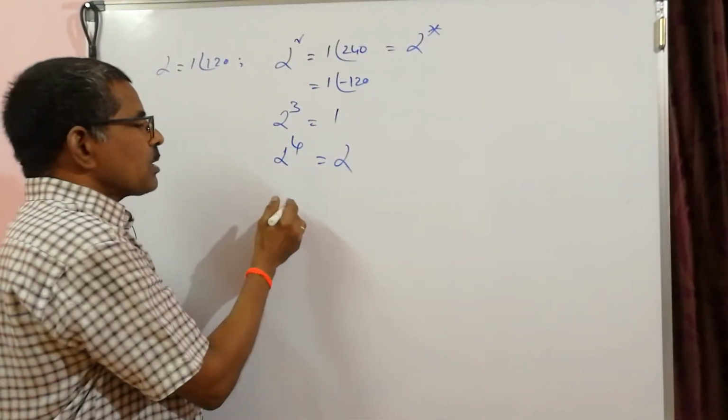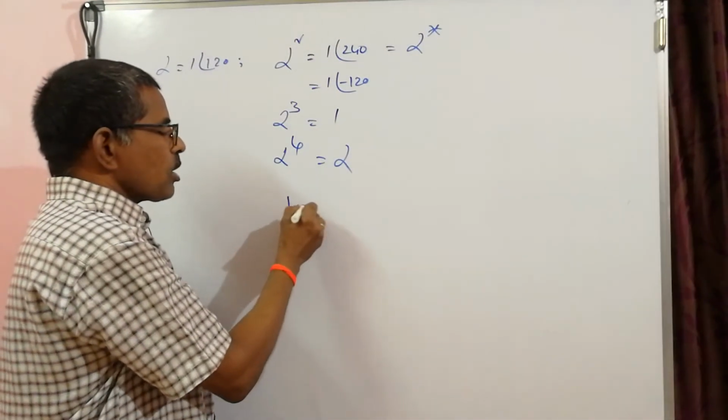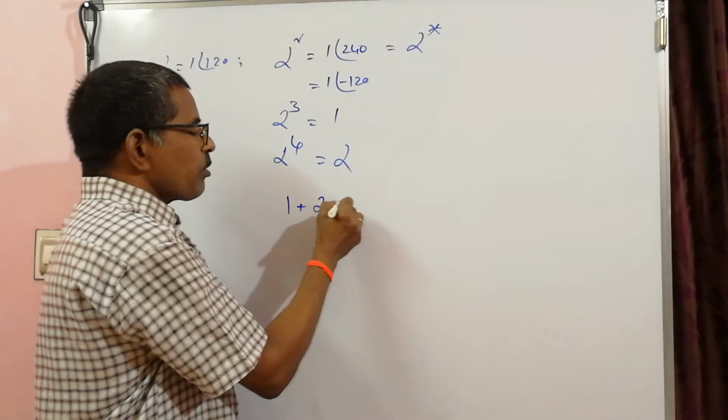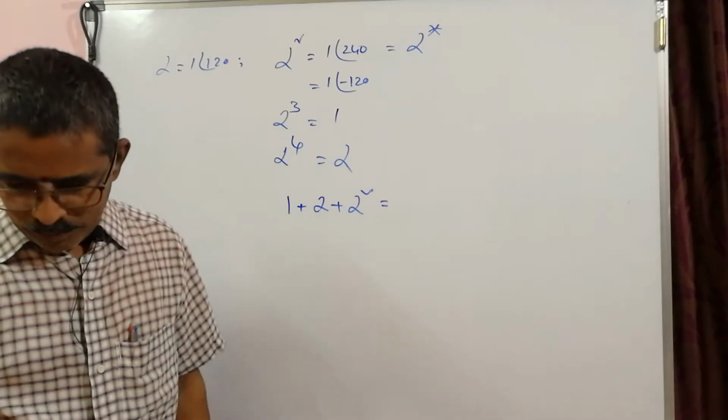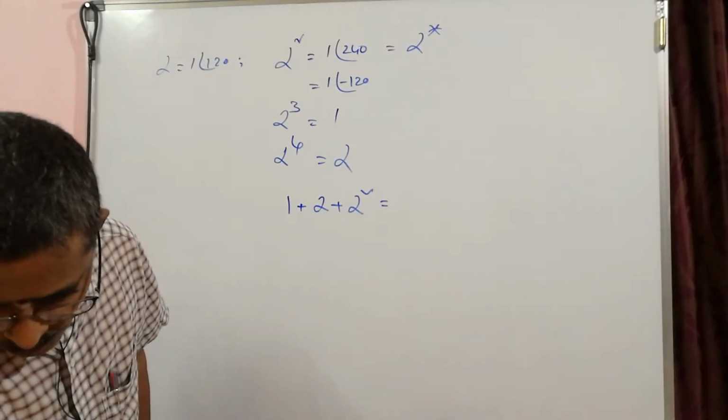So, all this I mentioned in the last class, and also I asked you to calculate what is 1 plus alpha plus alpha square. Did any of you work it out?